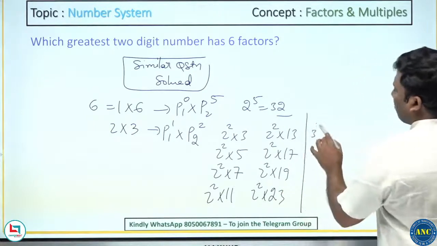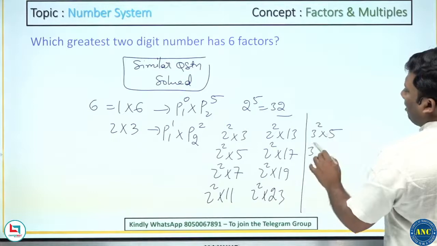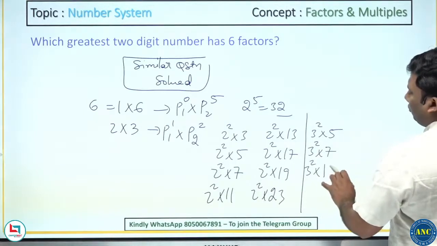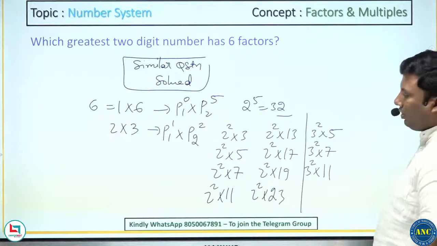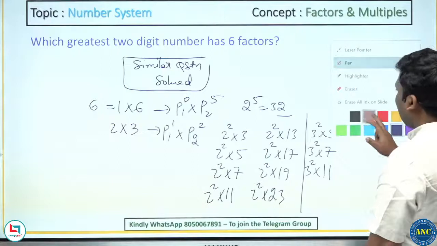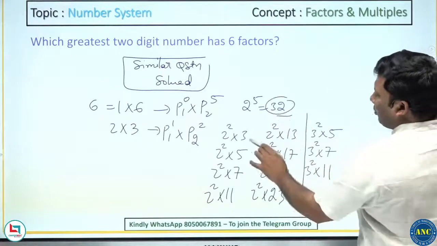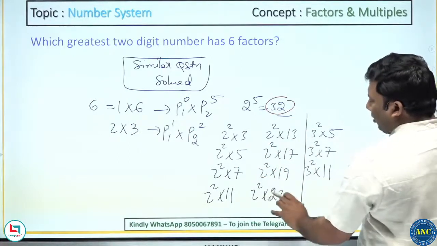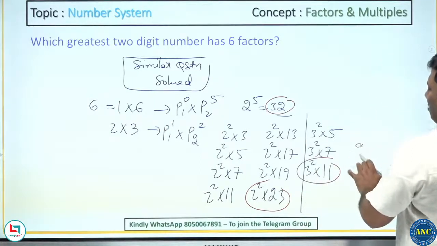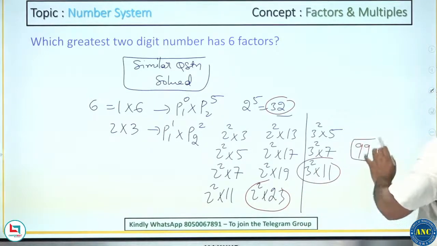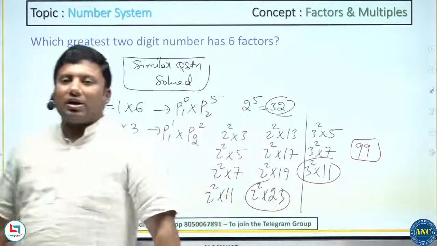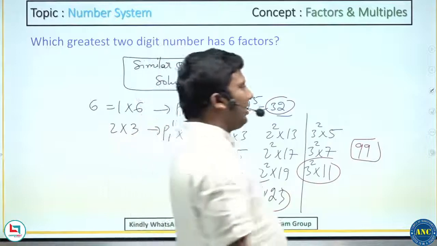Similarly, 3 square into 5, 3 square into 7, 3 square into 11. I hope it is clear. Greatest, right? We require greatest. It is 32, 12, 60. 4 23s are 92. 9 11s are 99. 99 is having 6 factors and it is largest. I hope the idea is clear.